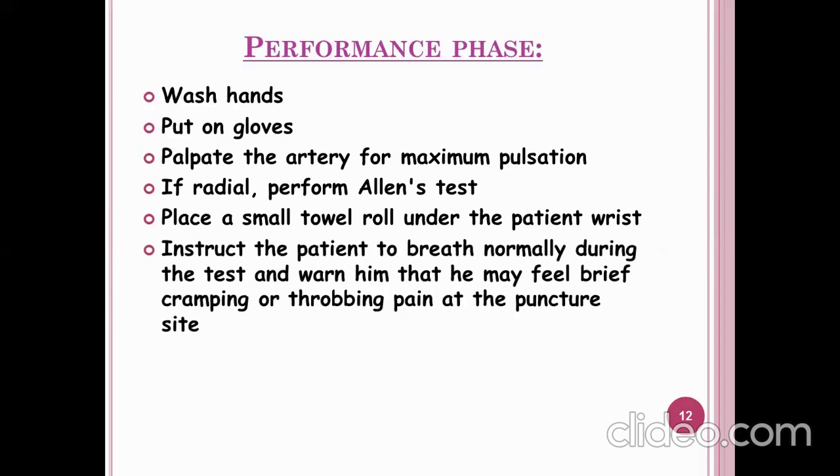Instruct the patient to breathe normally during the test. The artery is quite deep, so when you puncture the artery with the needle, it will be painful. So instruct the patient to breathe normally during the test and warn him that he may feel brief cramping or throbbing pain at the puncture site. We have to inform before starting the procedure.